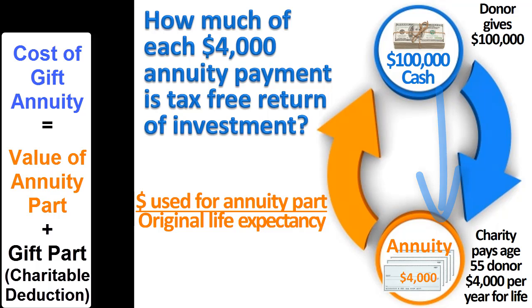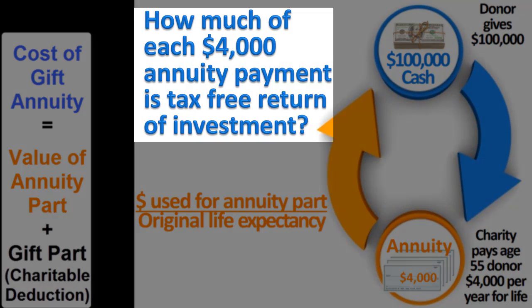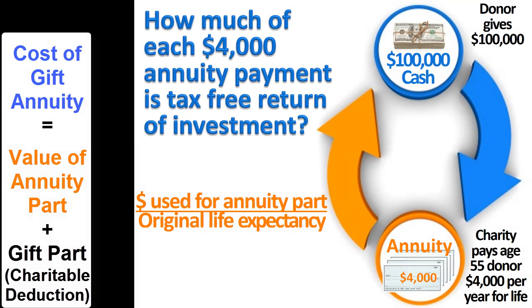Let's return to our original example where a 55-year-old donor gave $100,000 of cash to the charity, and the charity in return agreed to pay the donor $4,000 per year for life. The amount of each annual $4,000 annuity check that is tax-free return of investment is determined by dividing the dollars used to purchase the annuity part by the annuitant's life expectancy when the charitable gift annuity was purchased.